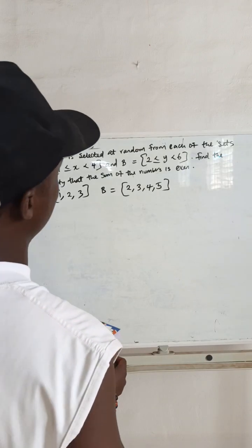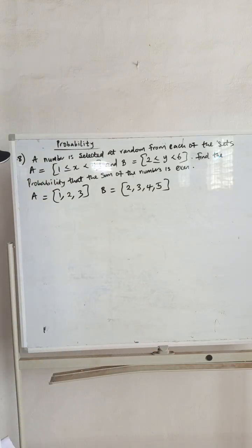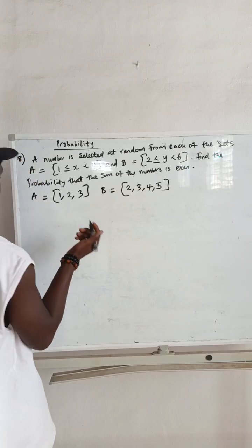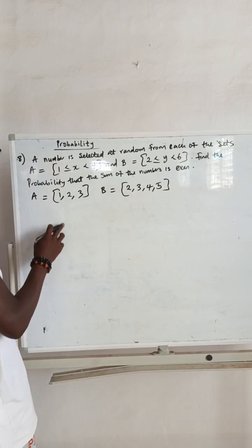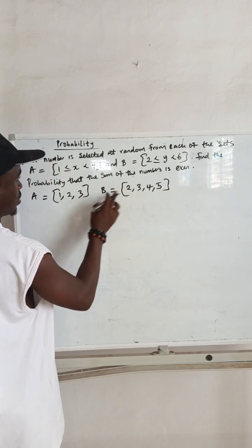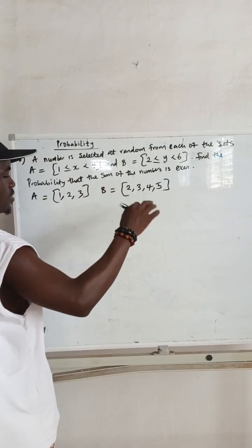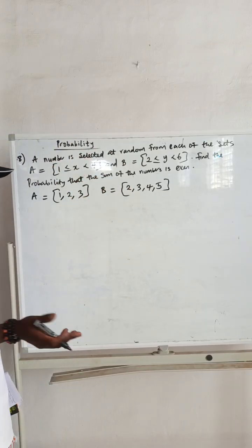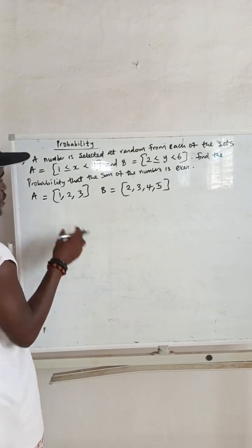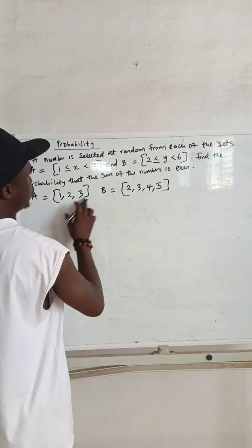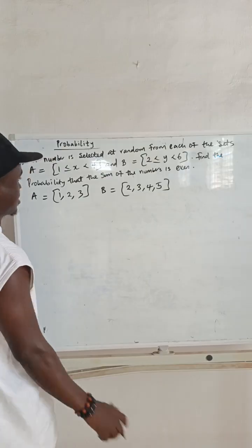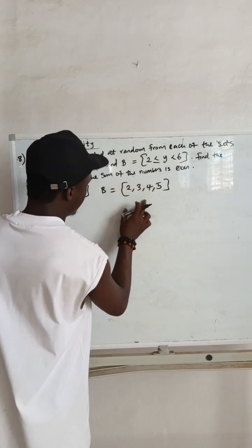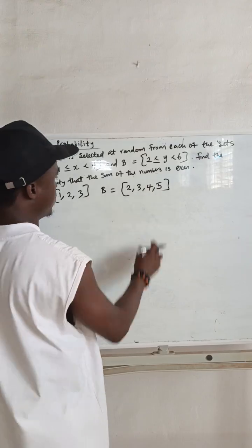Now, how do we get the sample space? I'm going to show you what they simply did, which is very easy. Pairing 1 with 2, 1 with 3, 1 with 4, 1 with 5, then you go to the next one, 2 with 2, 2 with 3, and so on.